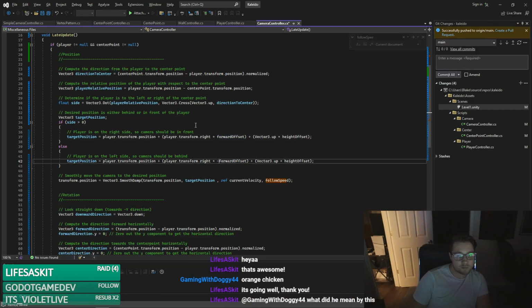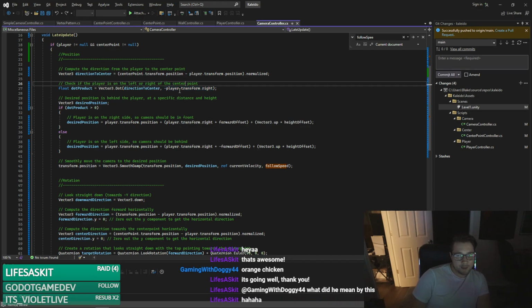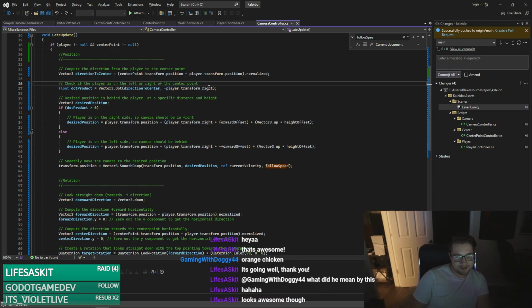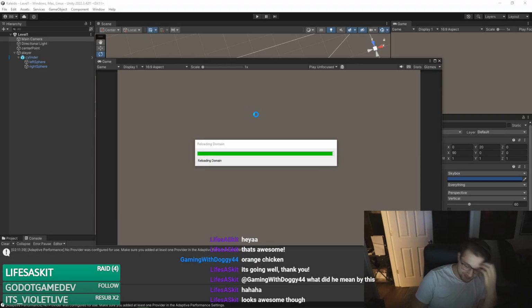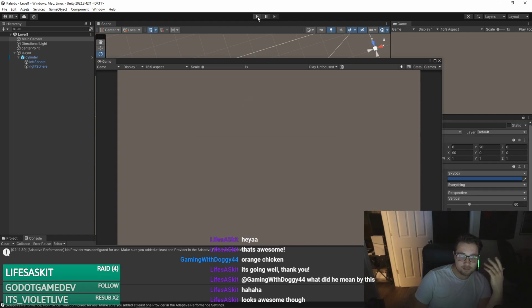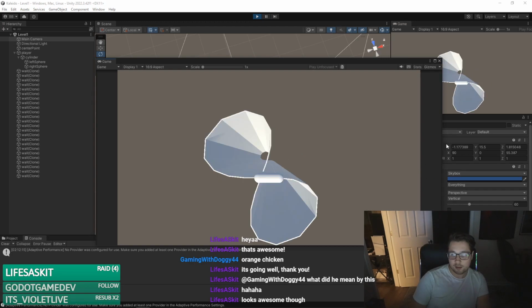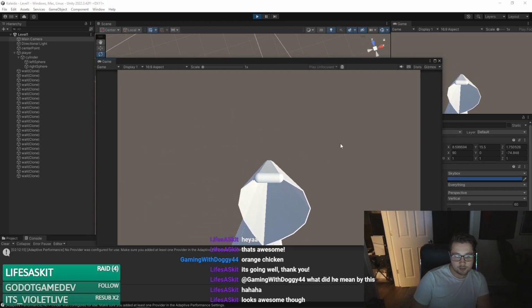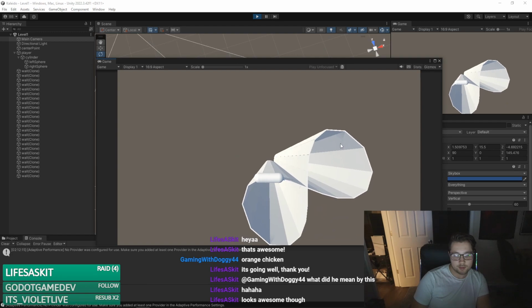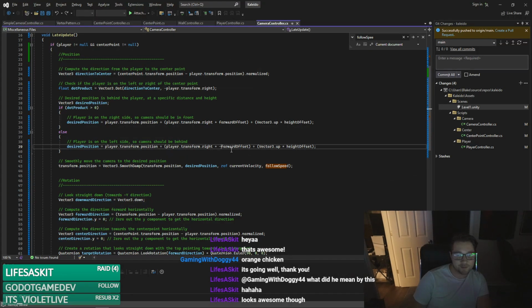So, we had it sort of working before. Let me show you what we had before. We were doing a dot product, but the issue is that every time that we go around the horn as our player character, see, we're outside of the wall right now. Okay, wait, I need to flip this.